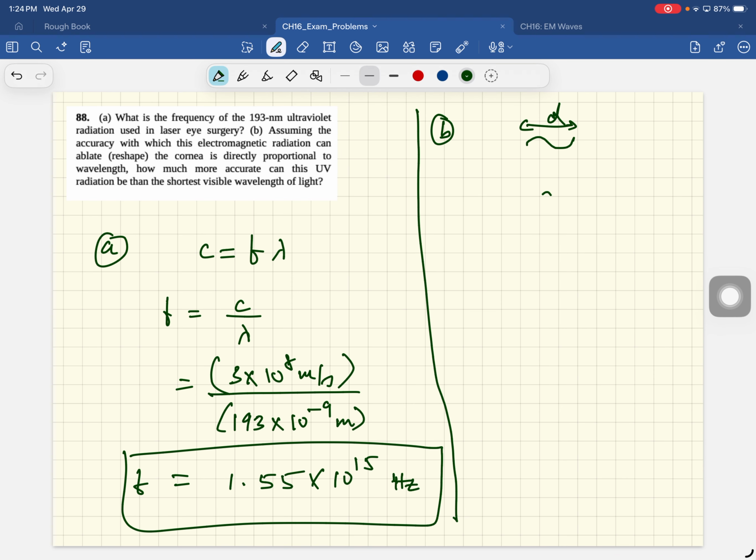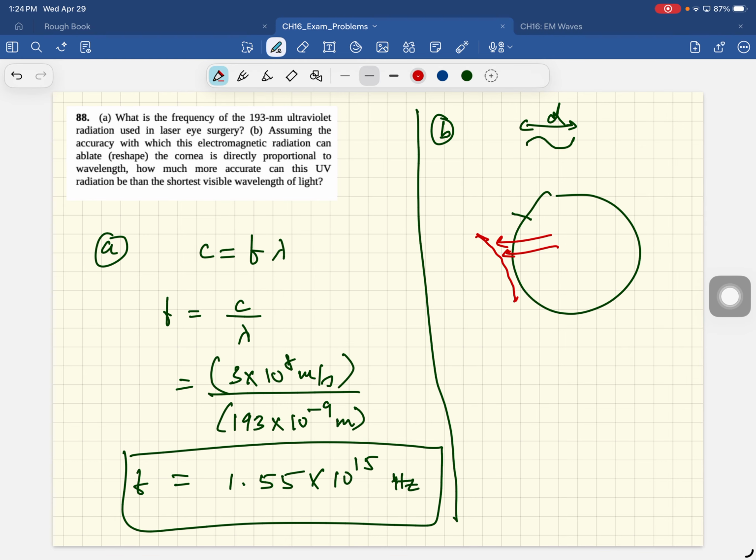Okay, so again, like I said, in LASIK surgery, what they do is they will make an incision on your cornea, fold your cornea back, and then shine laser on it and burn off cells and reshape the cornea.